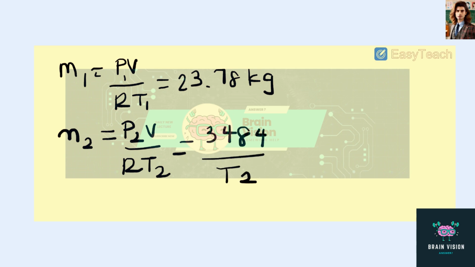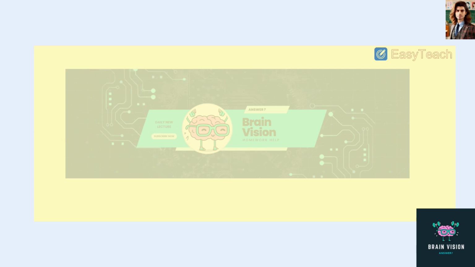So what we're going to assume is that the temperature of the air leaving the tank is the average of the initial and final temperatures. And this is because the temperature of the air leaving the tank changes from the initial temperature in the tank to the final temperature during this discharging process. So what this essentially means is that we are going to assume that Te is going to equal T1 plus T2 all over 2.